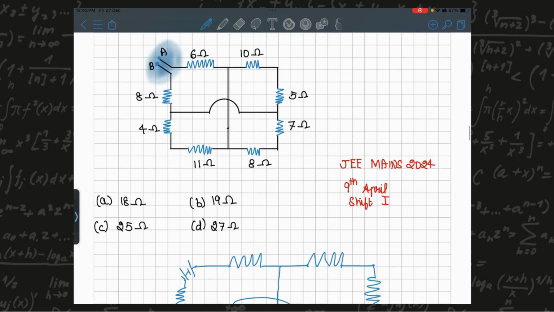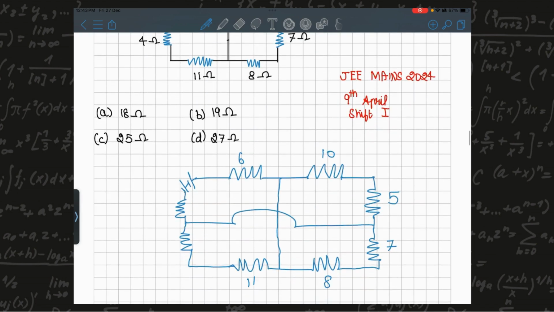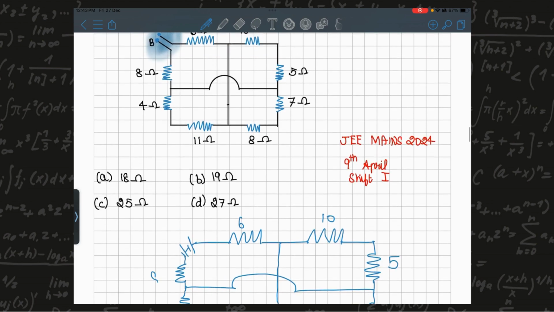Okay, so this one is 6 ohms, 10 ohms, 5 ohms, 7 ohms, 8, 11, 4 and 8 ohms.